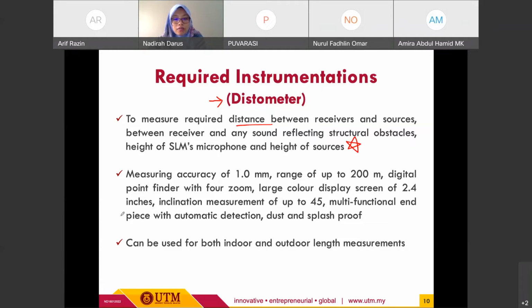And in terms of accuracy, dia punya measuring accuracy is usually within 1 millimeter, okay, and maximum range of distance about 200 meter, okay. So that's basically this is the description ataupun dia punya information for the distometer itself, okay. And it can be used indoor and outdoor.